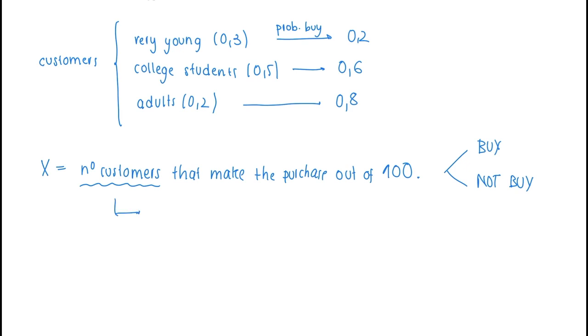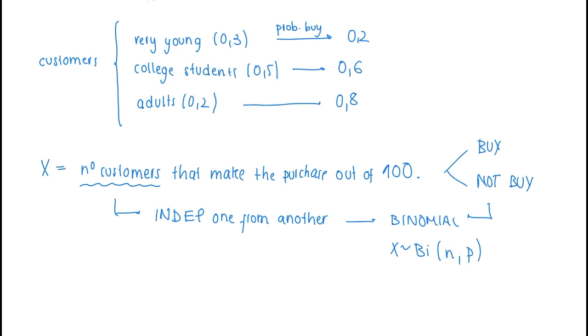As the result can be buying or not buying, and the customers are independent one from another, meaning that the decision of one customer doesn't affect the decision of another, we have a binomial distribution, which probability distribution we can see here, and has the parameters n, which is the number of the sample, in this case 100, and p, which is the probability of success, which in this case is buying, and we are going to calculate.